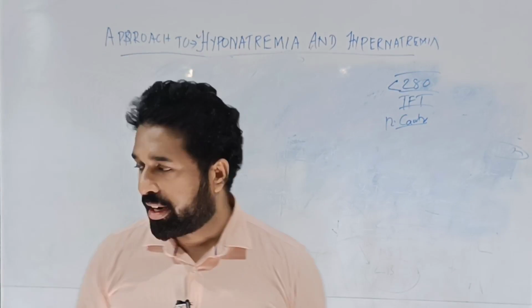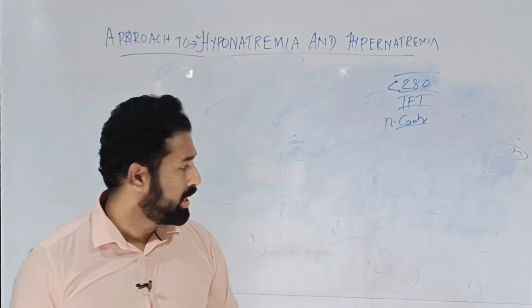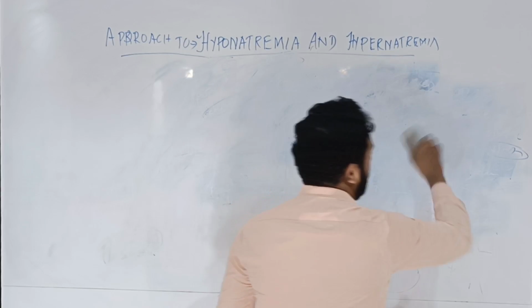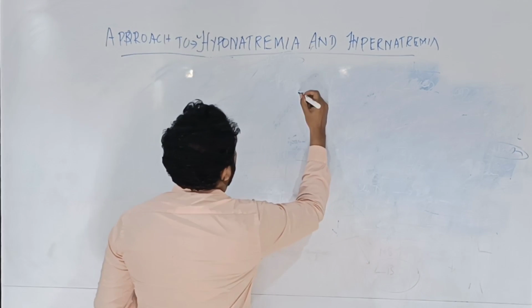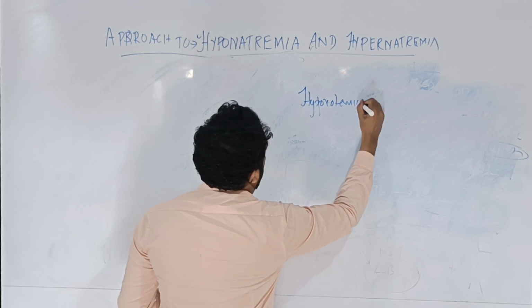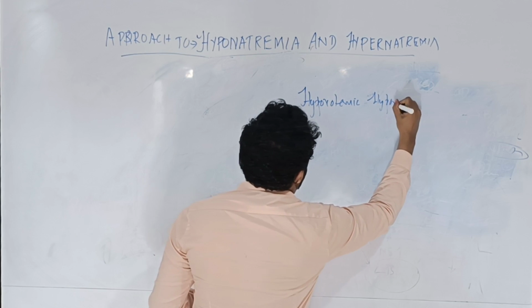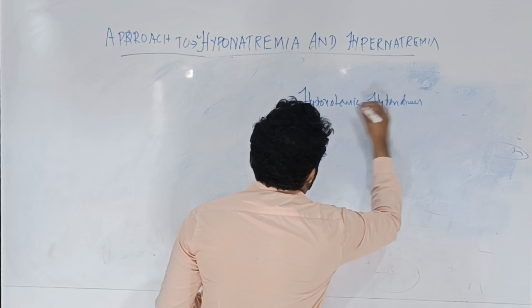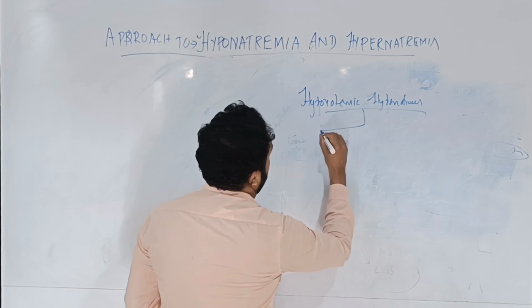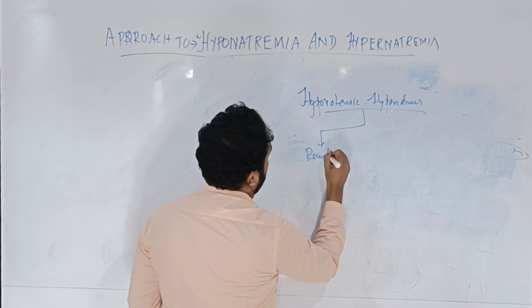Okay, so SIADH, I told you how it happens. Now let us consider the other possibility. What are the causes of a hypovolemic hyponatremia? So I told you, if the patient is dehydrated, what are the causes? Hypovolemic hyponatremia can again be divided into renal and non-renal causes.